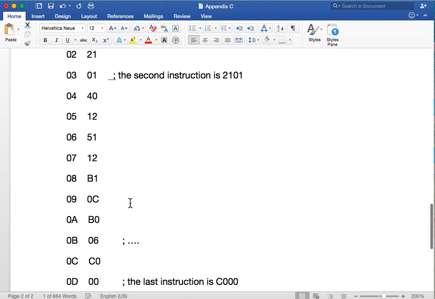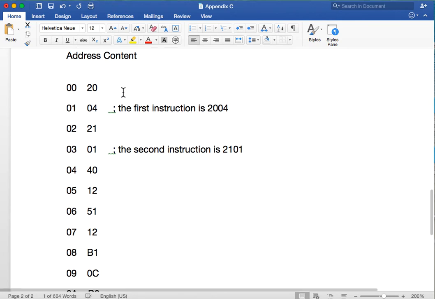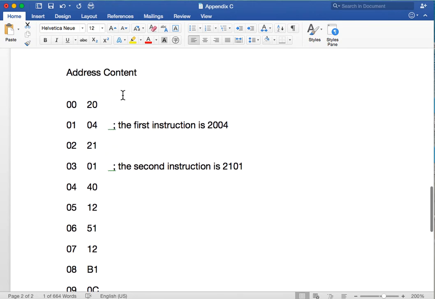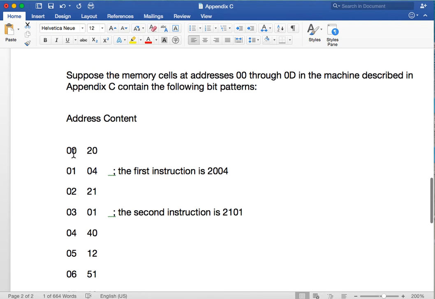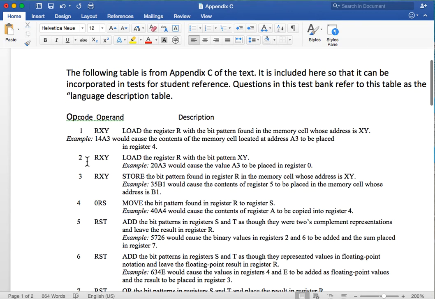Now you have other programs in this homework that will ask you what the program actually does. Then you should just follow what I just explained. You extract each instruction, like the first instruction is 2004. Then you go to your Appendix C. You start with 2, which means load the register R with the bit pattern XY.